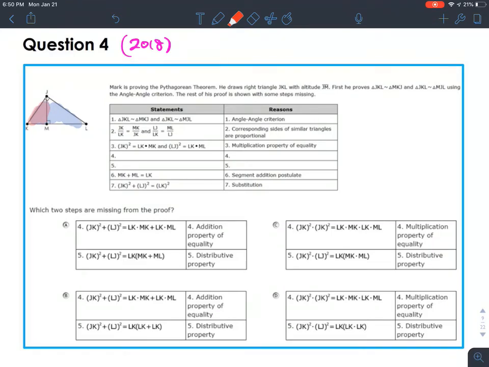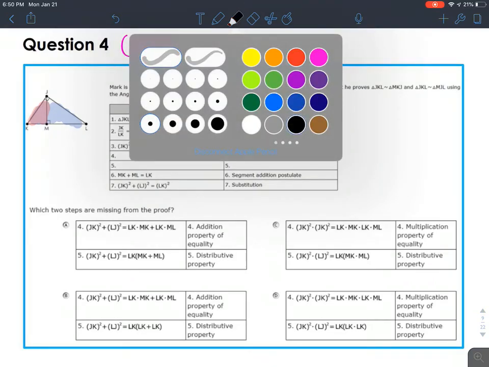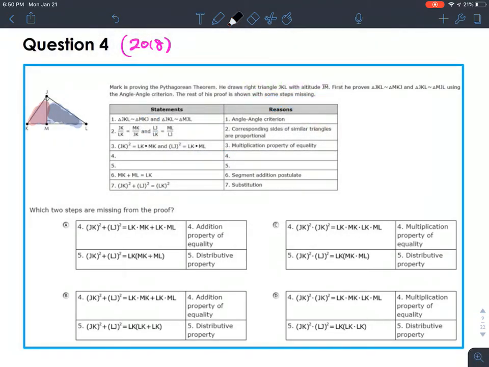And he proves that triangle JKL, that's the big one, is similar to triangle MJL. That's this one here. So what that means is all three of those triangles are similar to each other. I don't know if I said congruent or similar, but they're similar, using the angle-angle criteria. The rest of this proof is shown with some steps missing.